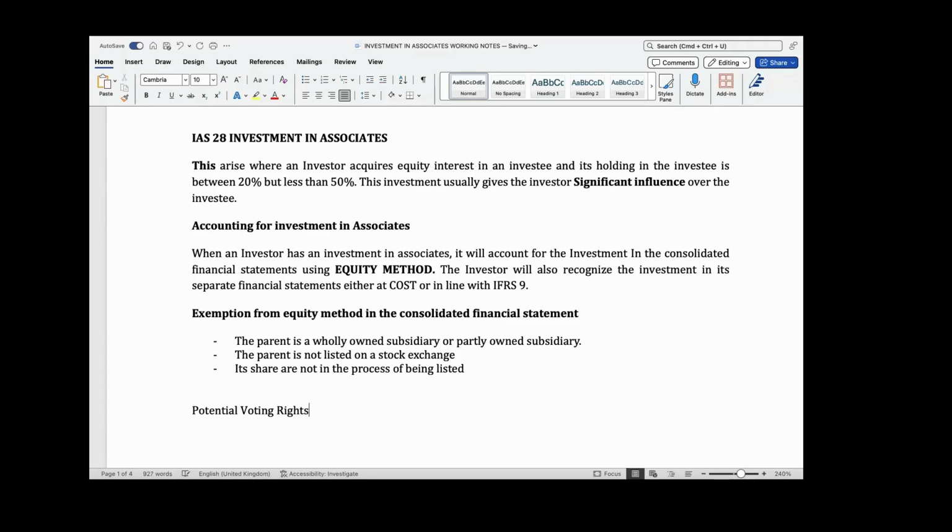It's also mentioned here in IAS 28 that the investor must consider instruments like warrants, options, or convertible debts when determining whether it has significant influence.